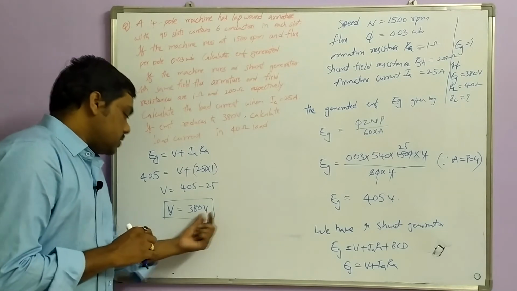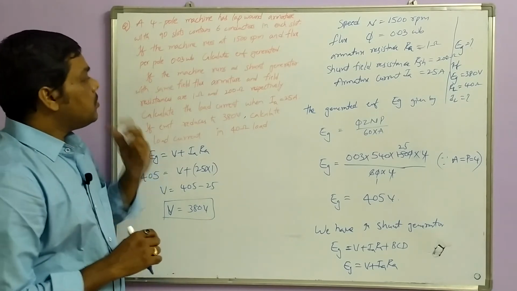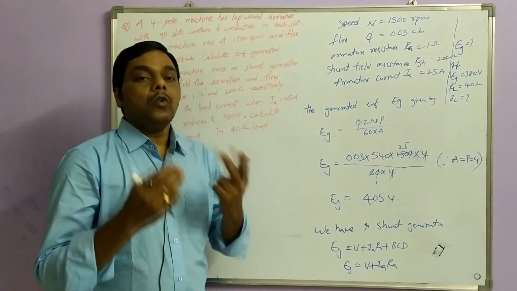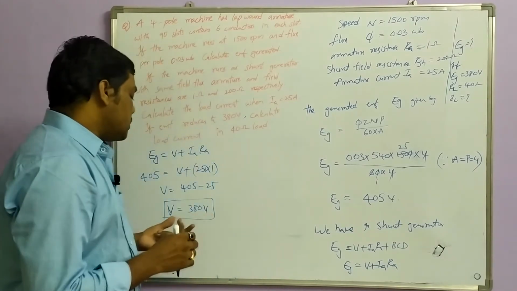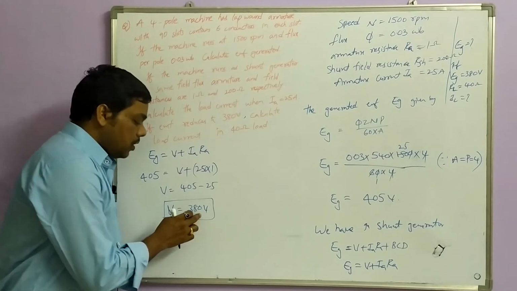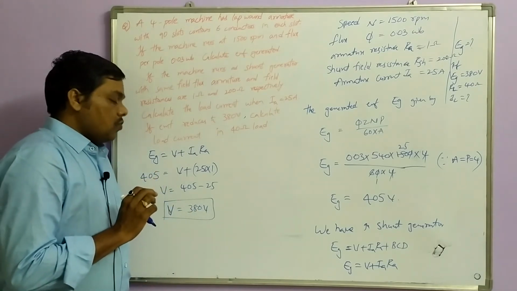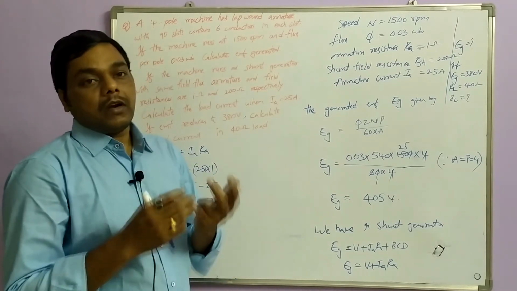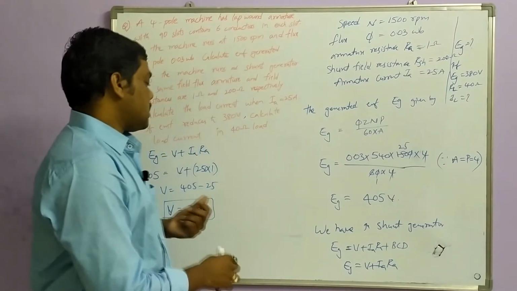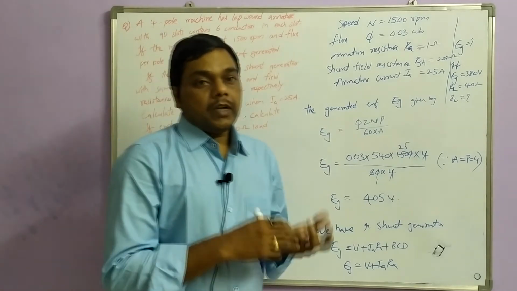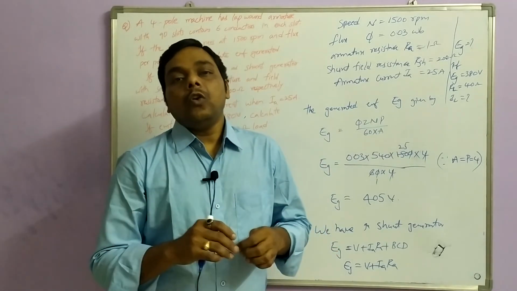Now if the voltage is 380 volts, what will be the load current? He is also asking what the shunt current will be. So that is why only the armature current is given: we have to determine the shunt current and also the load current.